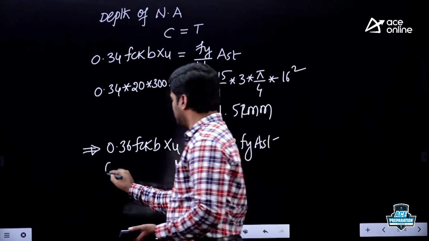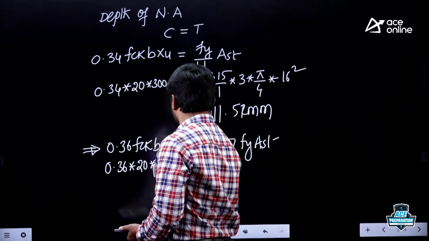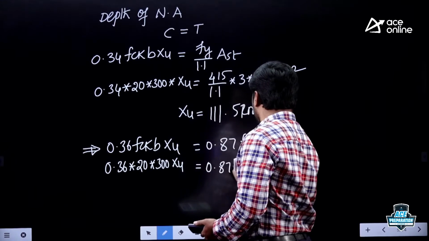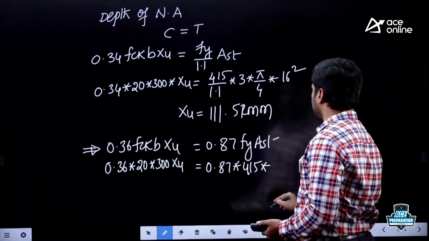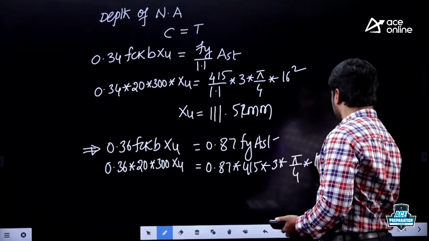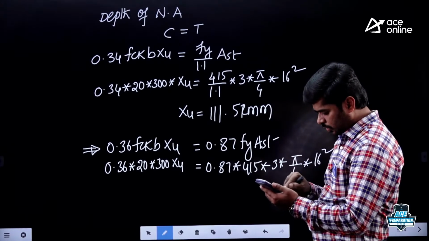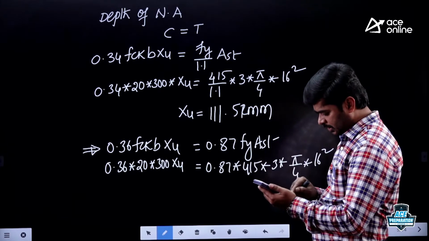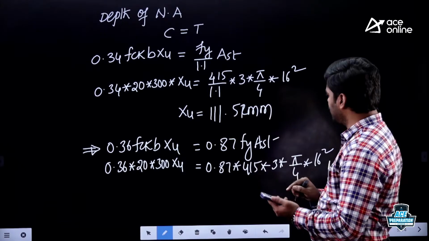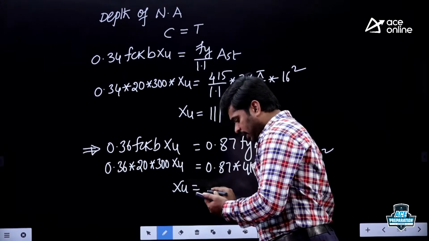Now 0.36, FCK value is 20, B value is 300, into XU equal to 0.87 into Fy into AST, which is 3 numbers of 5 by 4 into 16 square, that is 0.87 into Fy into 3 into 201 upon 0.36 FCK into B, which is 300. I am getting the value 100.79. XU value we are getting is 100.79.